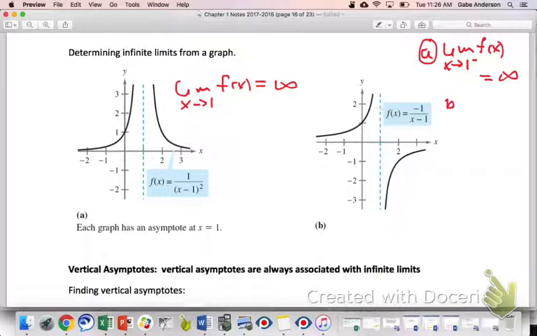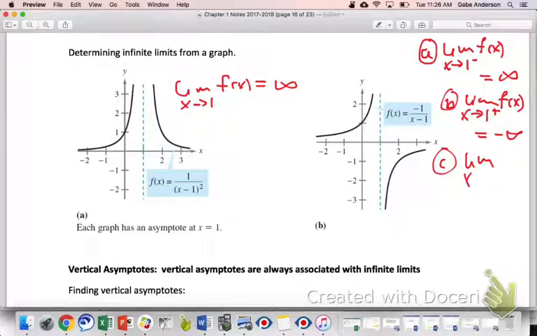If we said question B, limit as x goes to 1 from the right of f of x, what would you say there? Negative infinity, because it's decreasing without bound. Then if question C was limit as x goes to 1 of f of x, what would you respond to that? Doesn't exist. And your reasoning would be? Right hand and left hand limits, like radically different behavior, right?